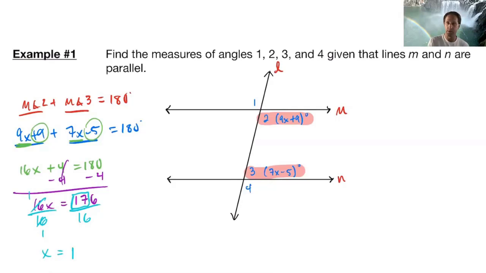Obviously just once. But I'd have 1 left over. When I bring down that 6 that I haven't touched yet, now I can divide the 16 into that, and I know it goes in 1 time as well. And now that I know that my x is 11, I can plug that in here, in there, and figure out what both angle 2 and angle 3 are, which means I'm halfway there.